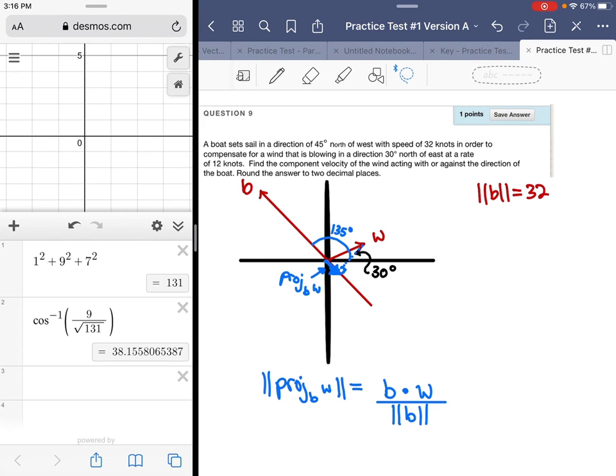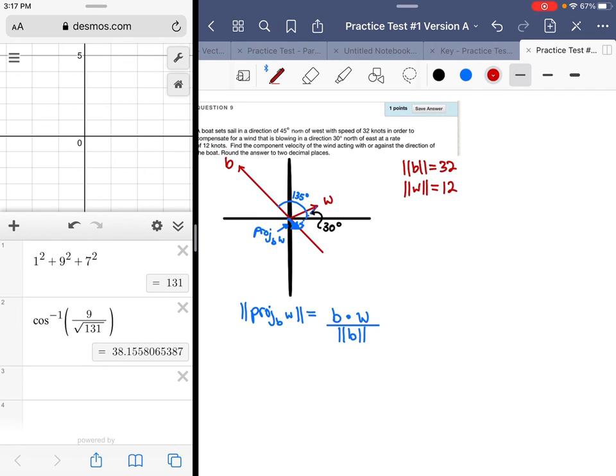All right, so we know that the magnitude of W is, they told us, 12. We have some angles. So what we need are actually B and W. B would be 32 cosine 135, comma, sine of 135. W would be 12 cosine 30, sine of 30.